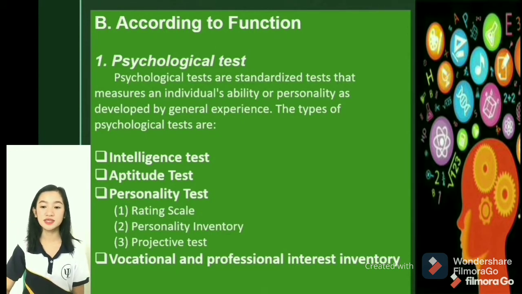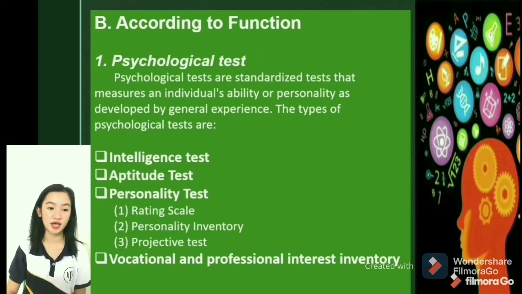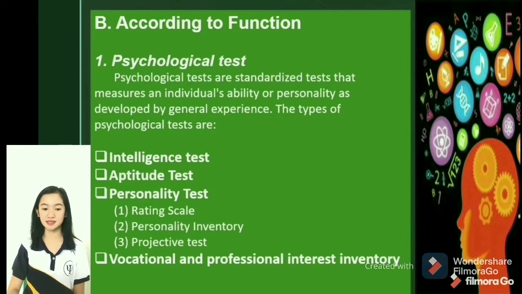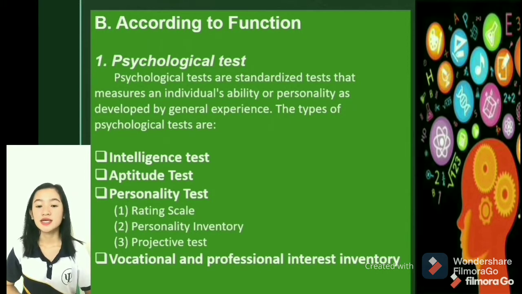Now let's proceed to classification according to function. We have the psychological tests and the educational tests. A psychological test is a type of test that measures an individual's ability or personality as developed by general experience.